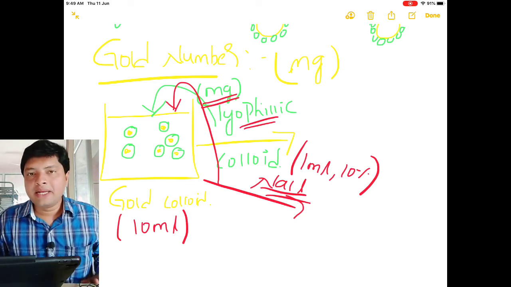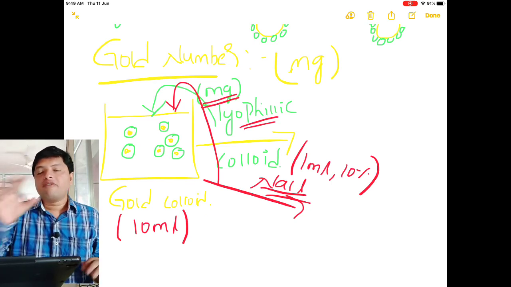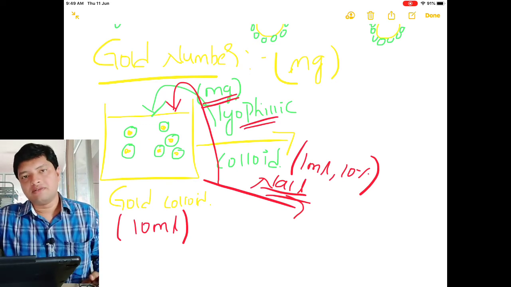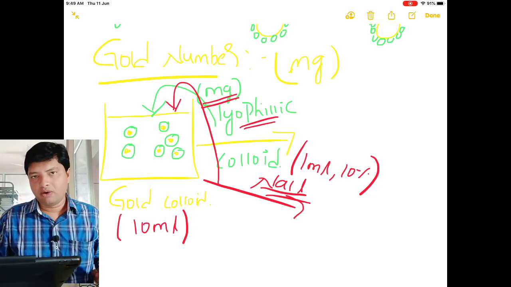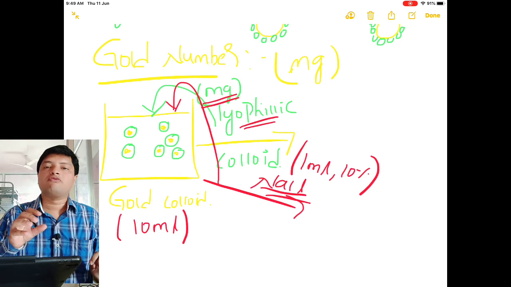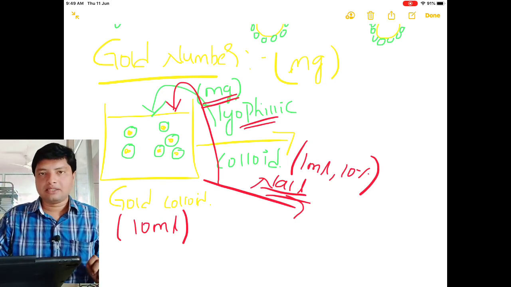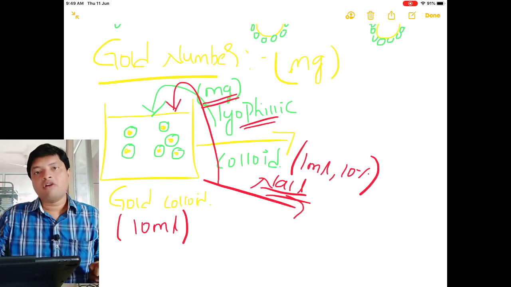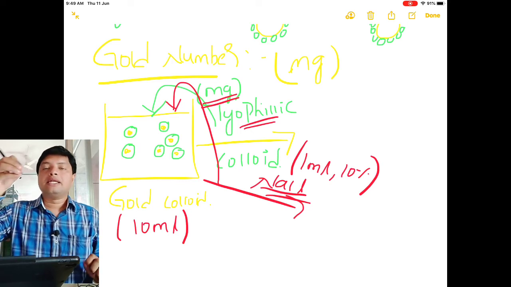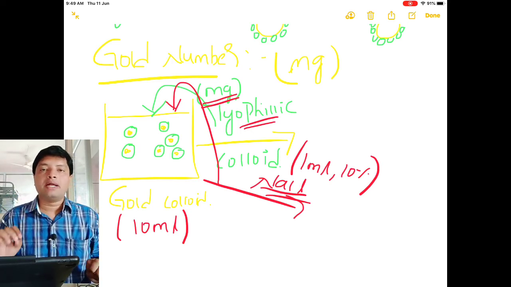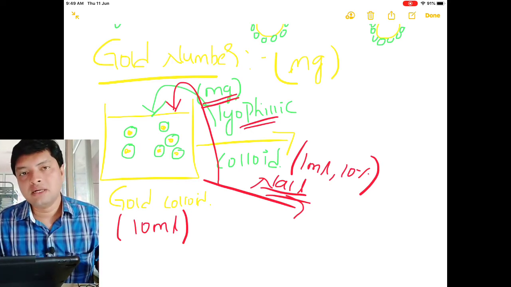Okay, now what is happening here? Previously, if we add NaCl to the lyophobic colloid, it will get destabilized. Now, due to addition of lyophilic colloid, it is protected from destabilization.